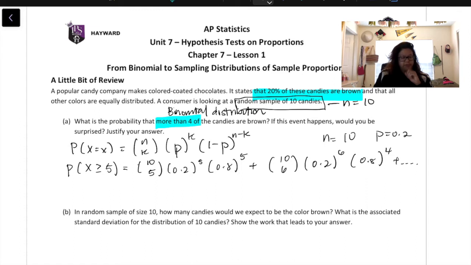If we look in a calculator, we know that a binomial CDF goes from 0 to whatever our upper bound is. So in this case, we're going to do a binomial CDF of 10, 0.2, and 4. I'm going to show you what that looks like on a calculator.